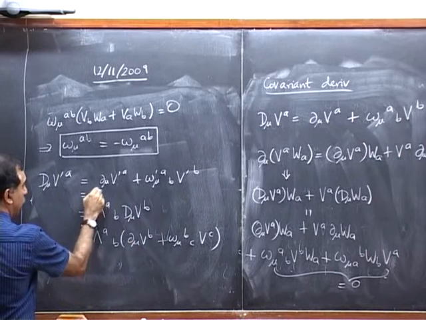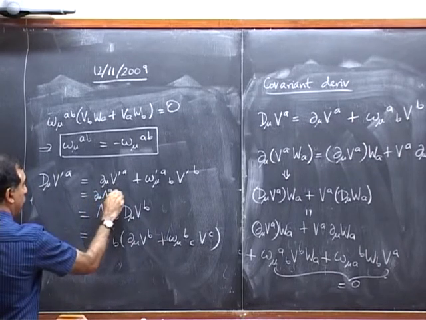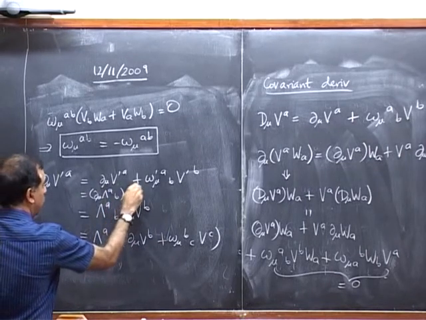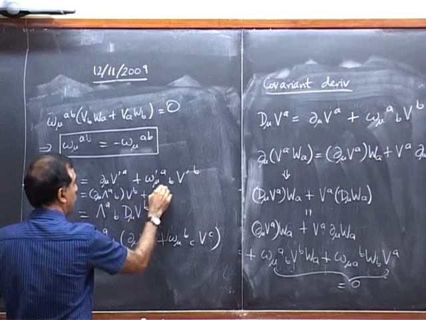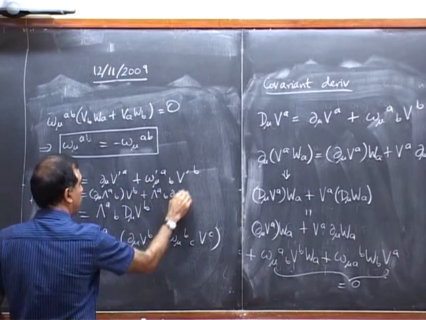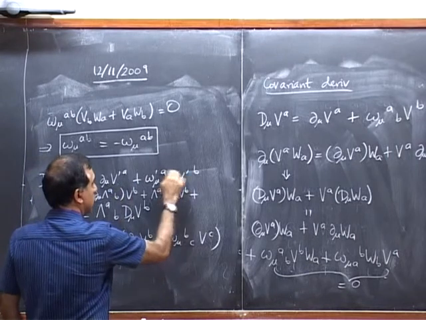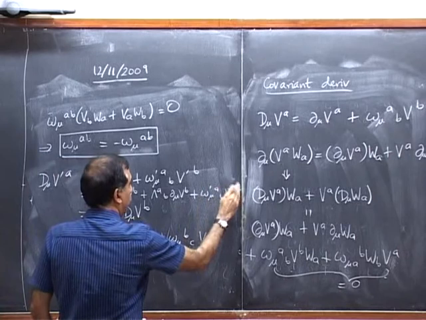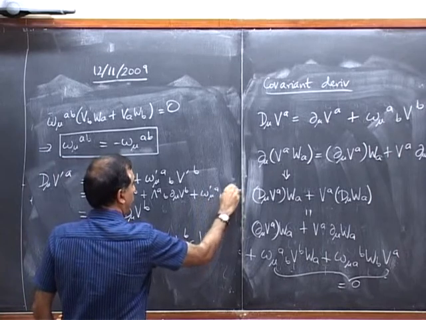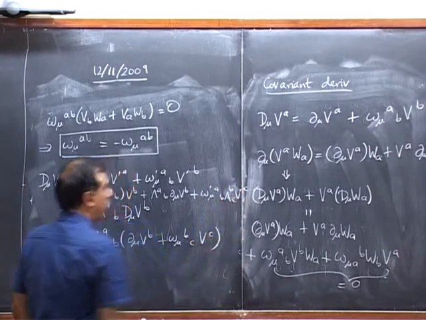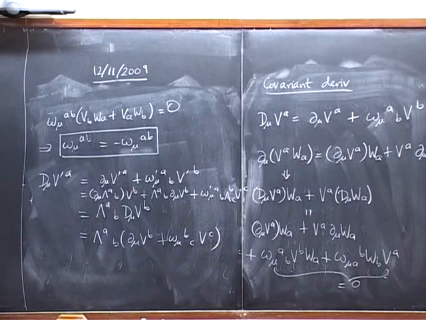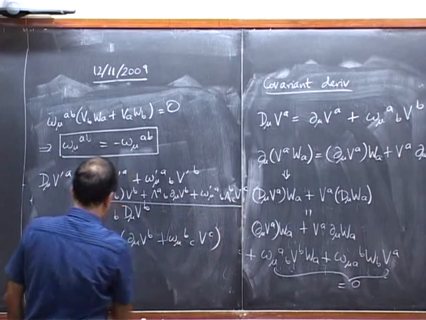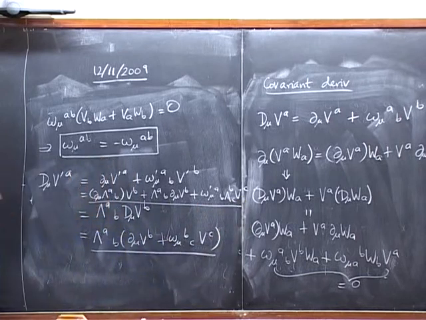So let's write this d_mu lambda^a_b V^b plus lambda^a_b and then this. This is lambda. Alright. So this is 1 and this is 2 and they have to be equal.